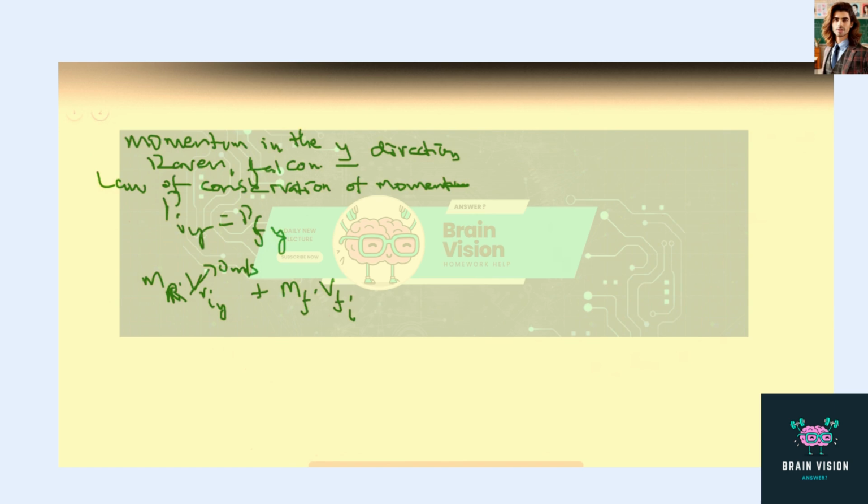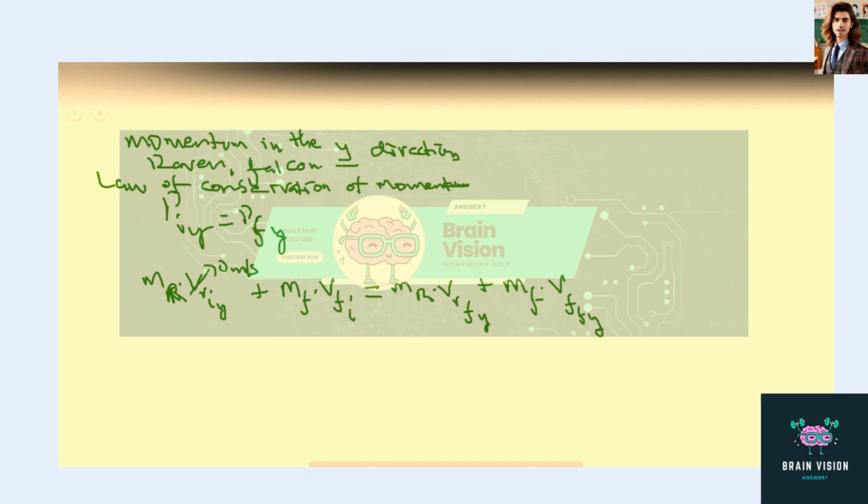So we can say that this has to equal the mass of the raven times the final velocity of the raven in the y direction, plus the mass of the falcon times the final velocity of the falcon in the y direction.